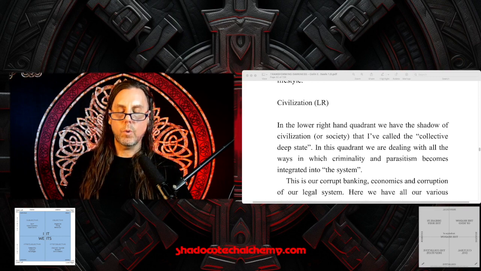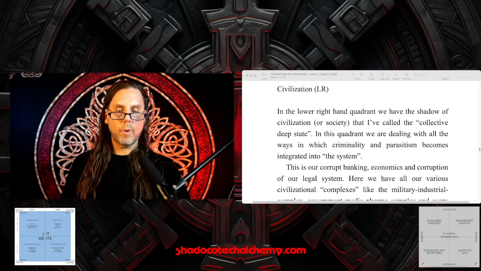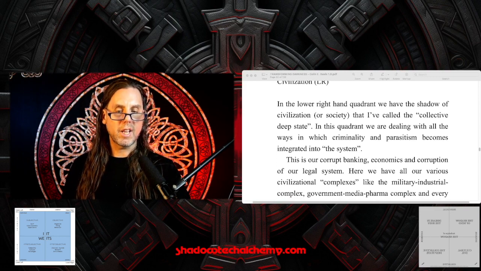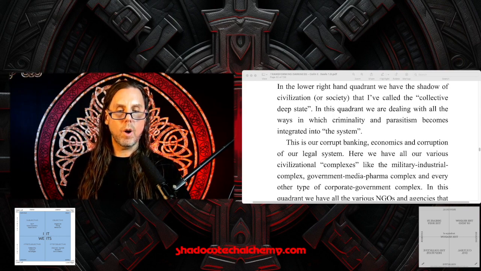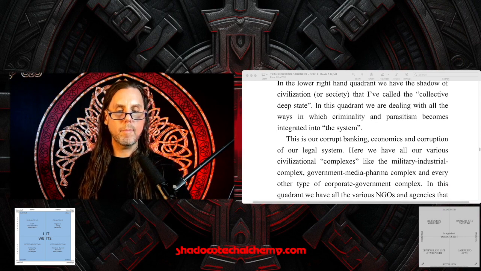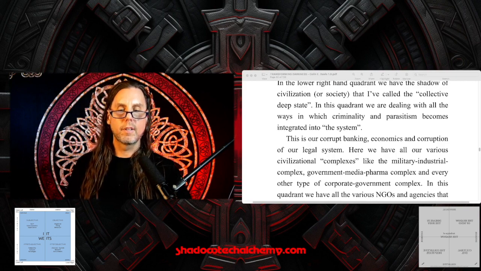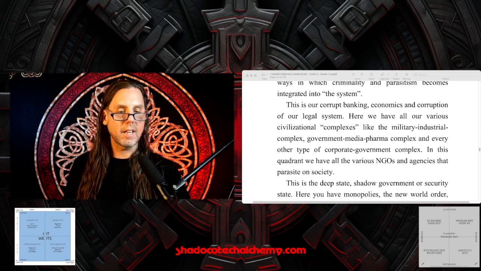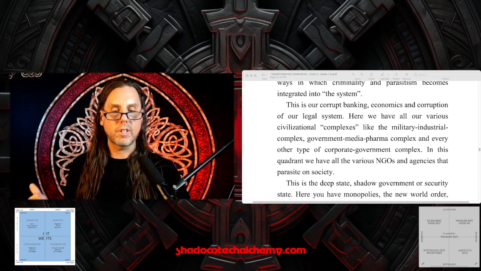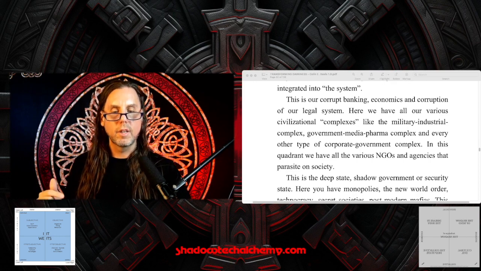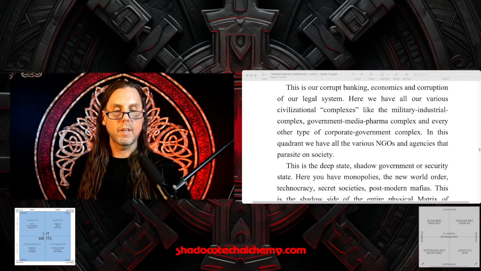Civilization, lower right-hand quadrant. In the lower right-hand quadrant, we have the shadow of civilization or society that I've called the collective deep state. In this quadrant, we're dealing with all the ways in which criminality and parasitism becomes integrated into the system. This is our corrupt banking, economics, and corruption of our legal system. Here we have all our various civilizational complexes, like the military-industrial complex, government, media, pharma complex, and every other type of corporate government complex.